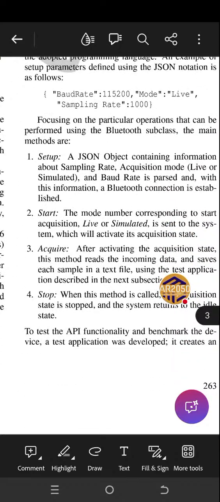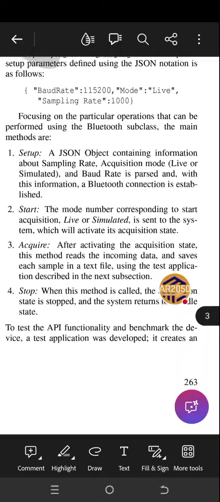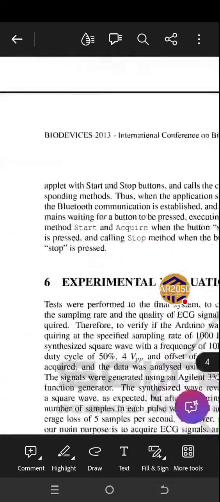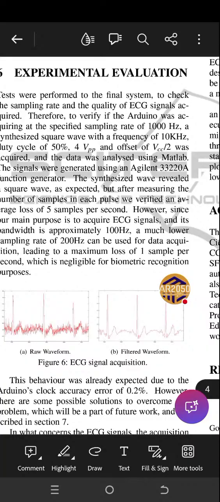Choose Bluetooth, adjacent object containing information, start, acquire, stop, experimental evaluation.